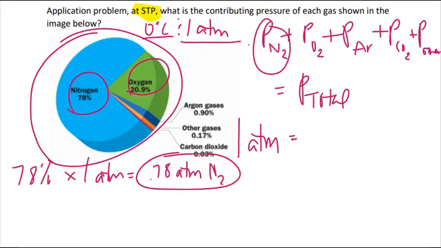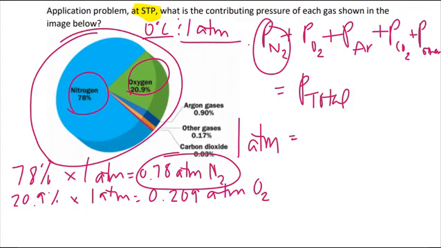I'm going to do the same thing for oxygen: 20.9% times 1 would give me 0.209 atm of oxygen.